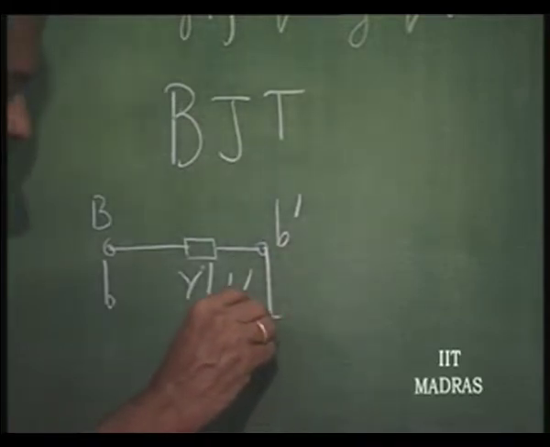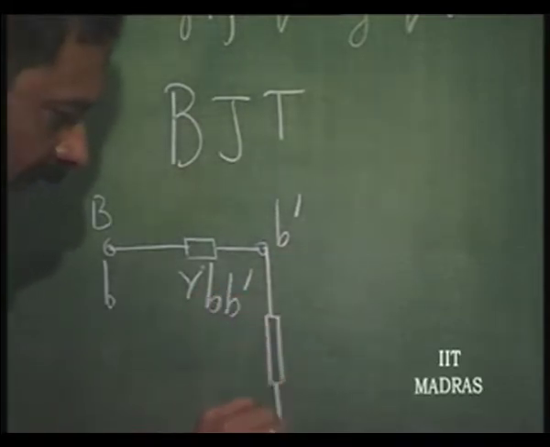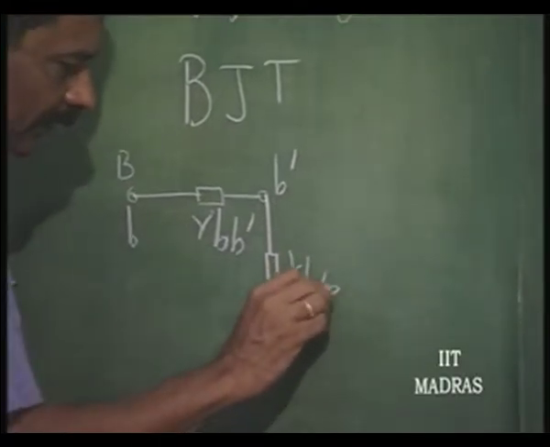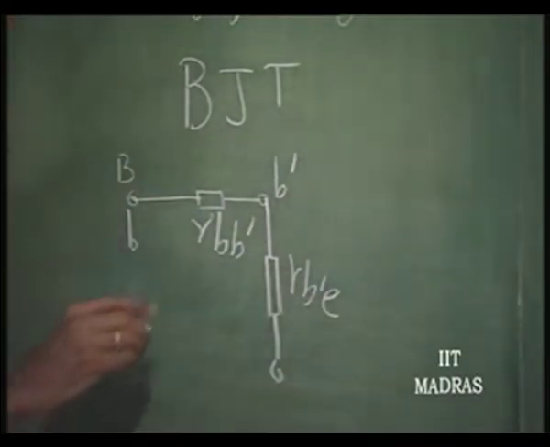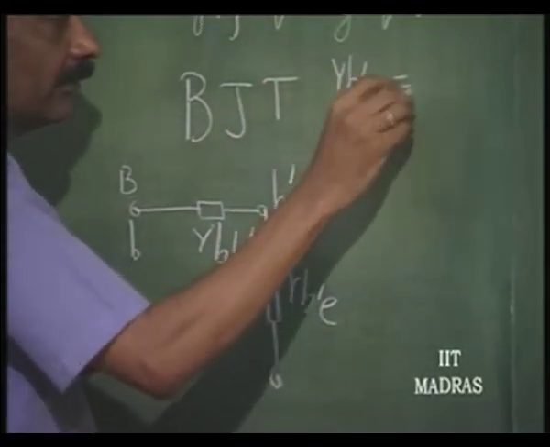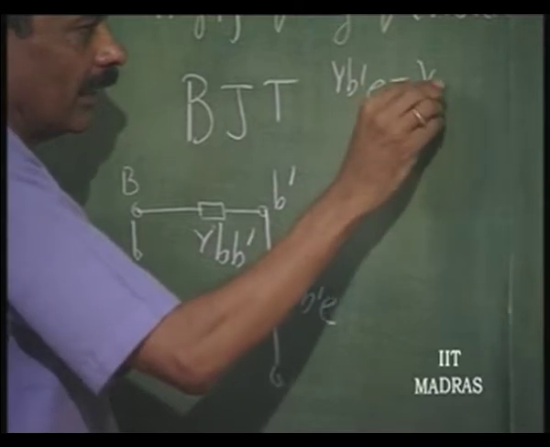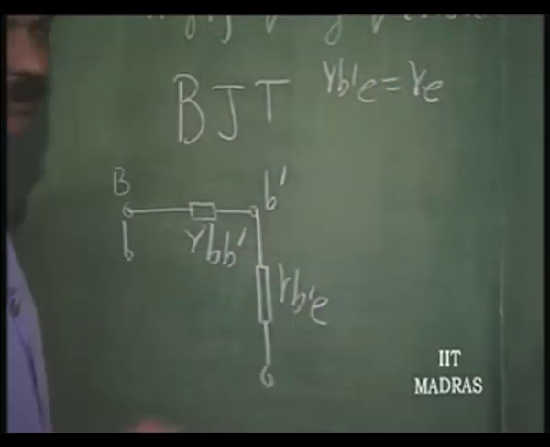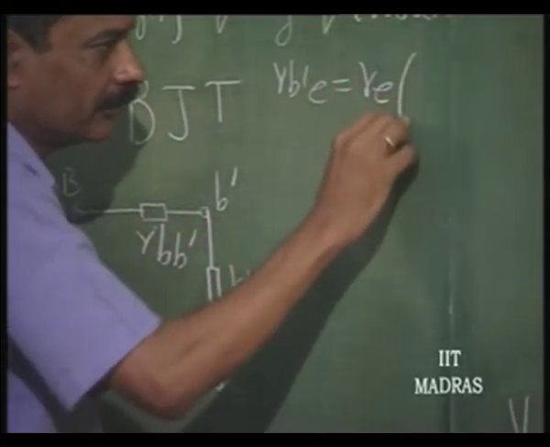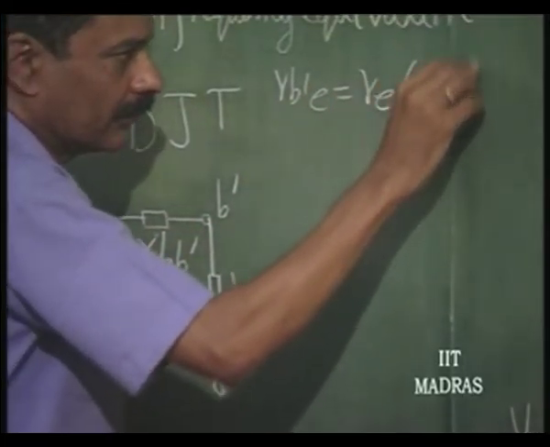Then once we have the junction, we know that there is a resistance RB dash E, which is actually equal to your RE, Vt over IE into beta plus 1.